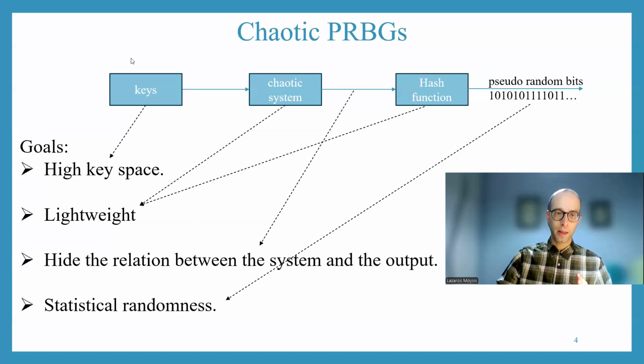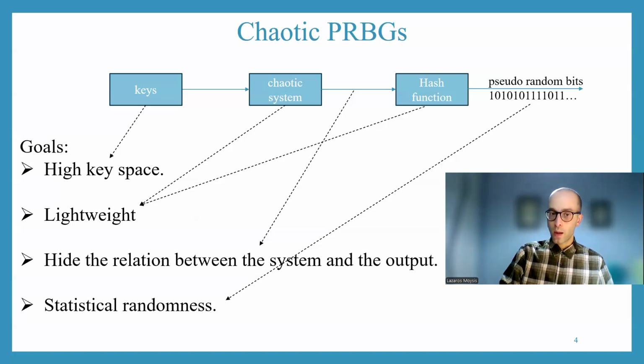First of all, regarding the keys, you need to have a high key space. By that, I mean that every time we change the initial condition for a chaotic system, we obtain a different solution. Every time we change a parameter in the chaotic system, we obtain a different solution. So the whole number of possible different solutions that we are going to get has to do with how many different key values we can choose.